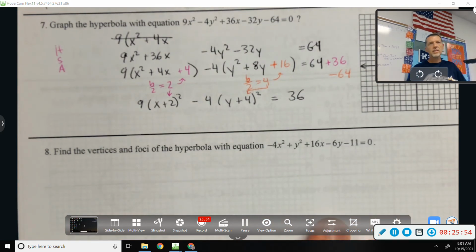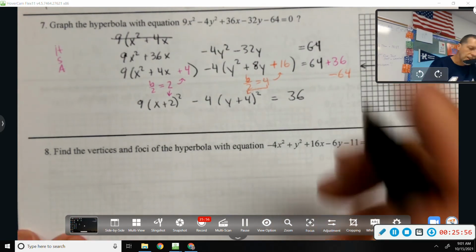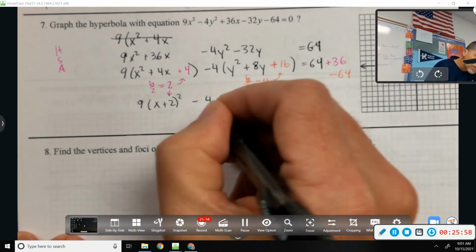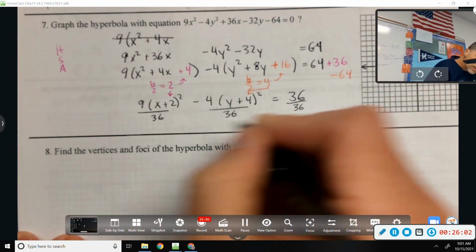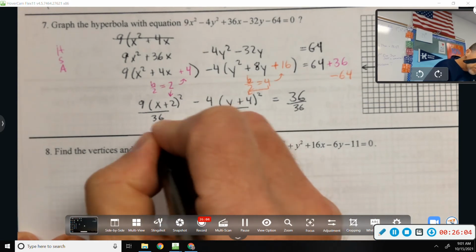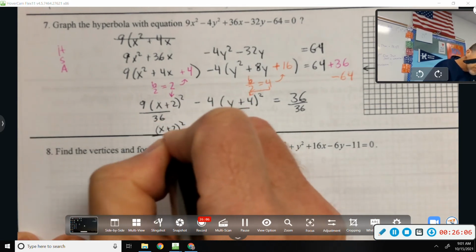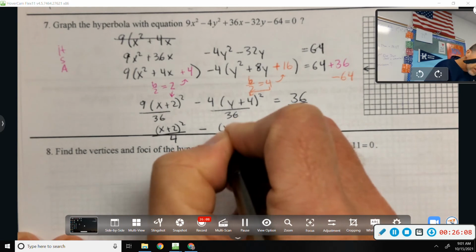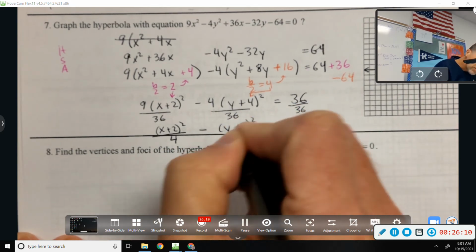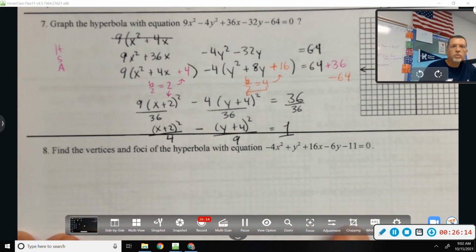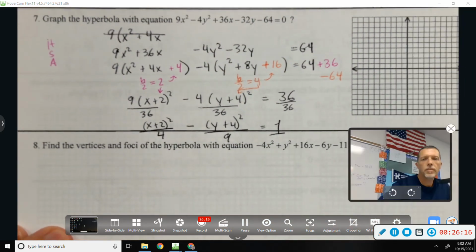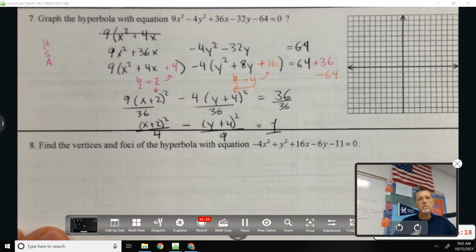Divide everything by 36. Again, a lot of similarities with an ellipse. So x plus 2 squared over 4 minus y plus 4 squared over 9 equals 1. So still complete the square.